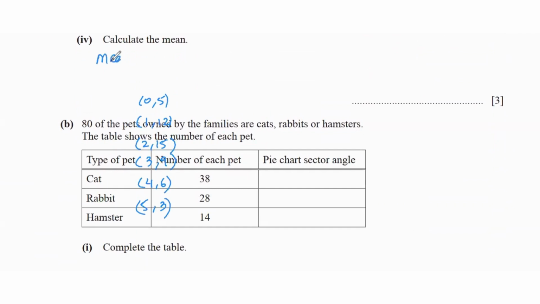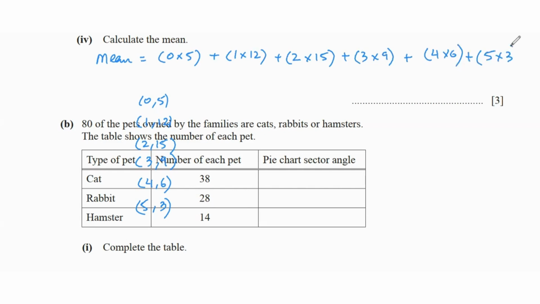Mean is going to be 0 times 5 plus 1 times 12 plus 2 times 15 plus 3 times 9 plus 4 times 6 and lastly plus 5 times 3. And all of this is divided by the total number of families, which is 50.